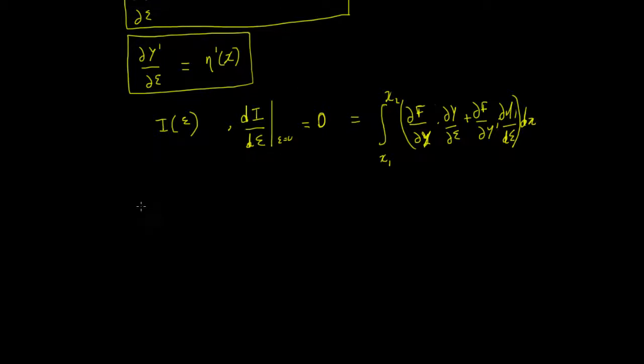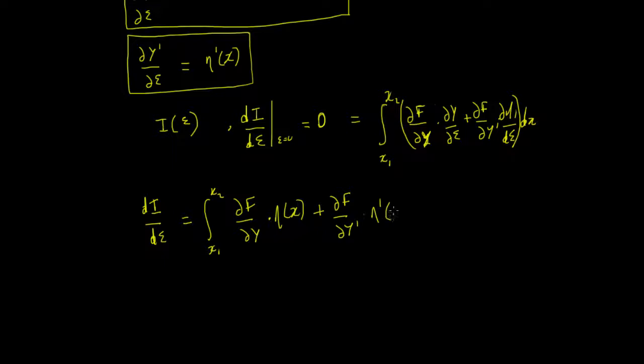So dI by d epsilon equals the integral from x1 to x2 of partial f by partial y times eta of x plus partial f by partial y derivative times eta derivative of x, all by dx.